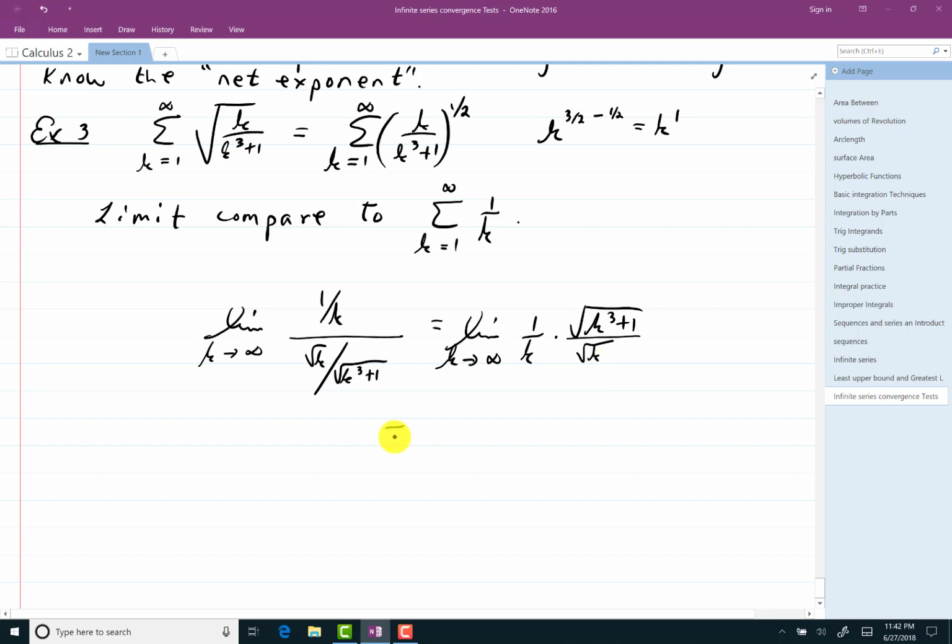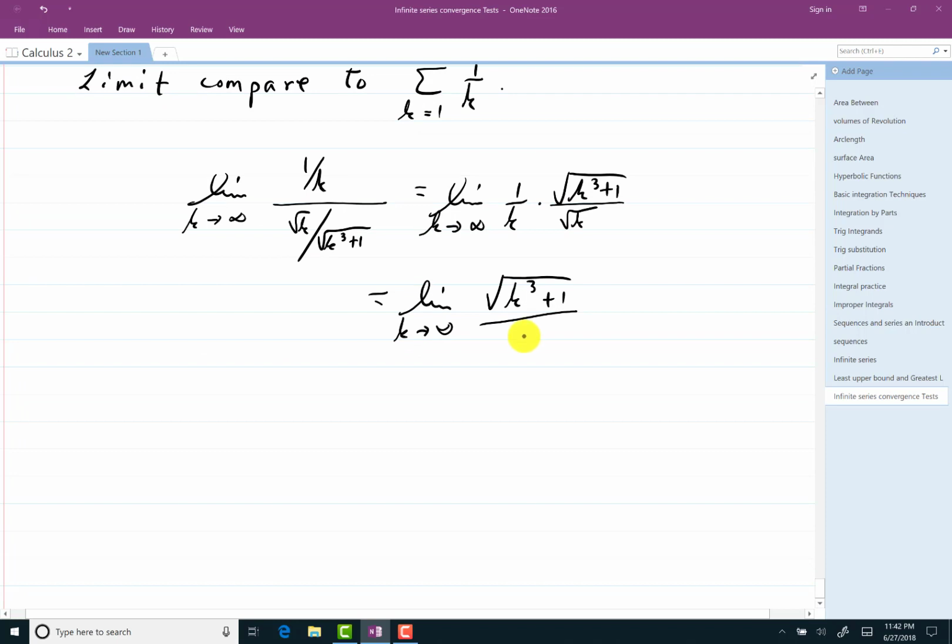I'll go one step further and multiply this together. I'll get the limit as k goes to infinity of the square root of k to the 3rd plus 1, divided by k to the 1 times k to the 1/2. So that's k to the 3/2. Hopefully you see it's going to measure up.